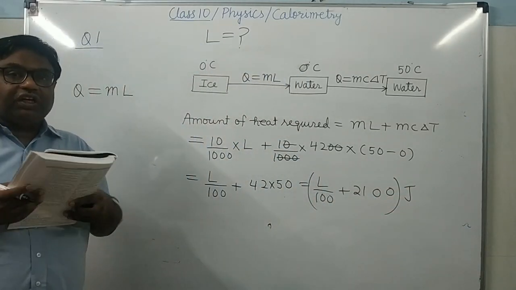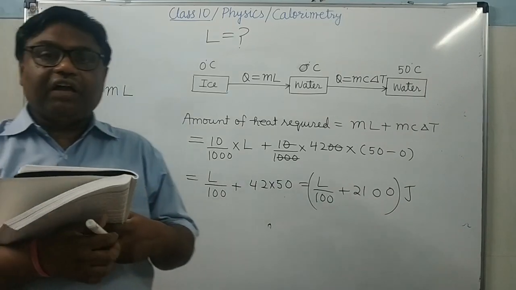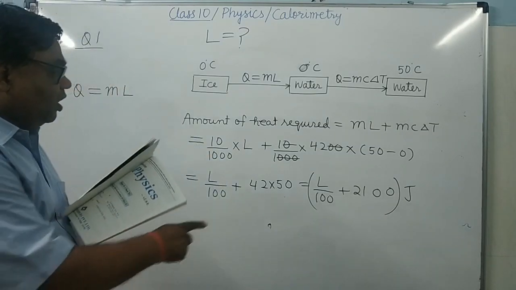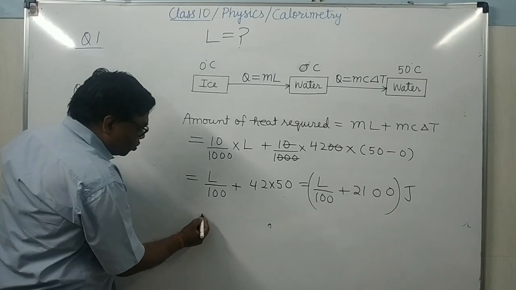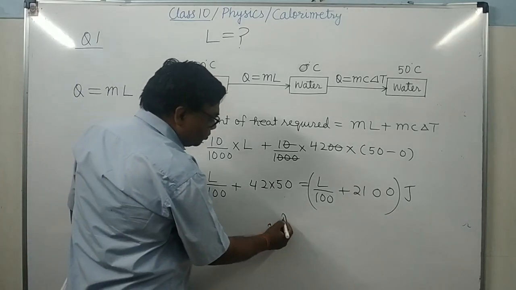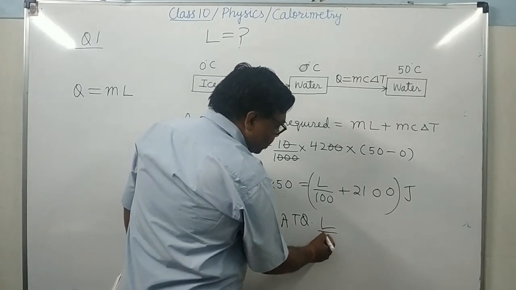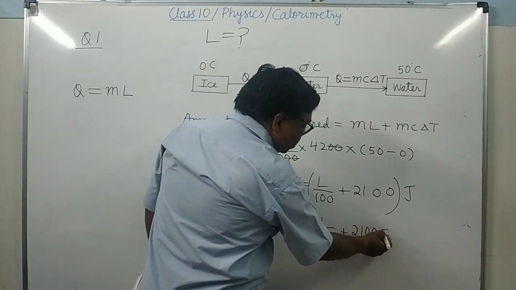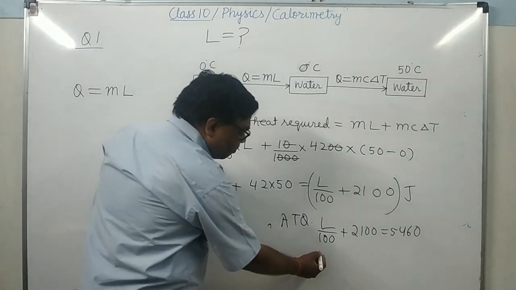But in the question it is given that it absorbs how much heat energy? 5460 joule. Therefore, according to the question, L upon 100 plus 2100 equals 5460.